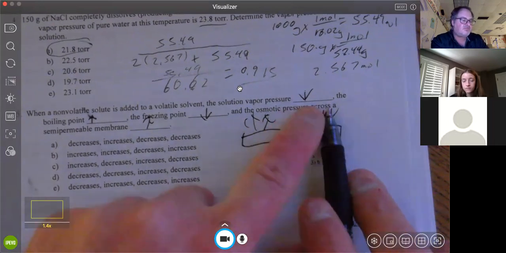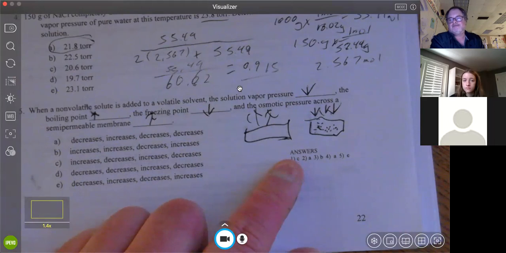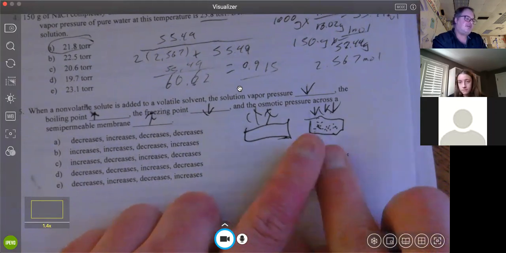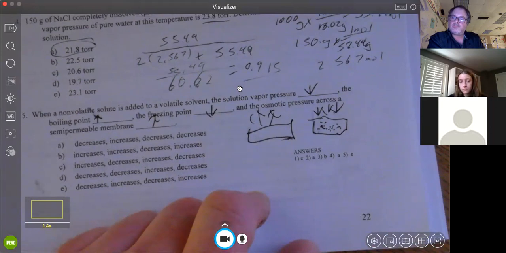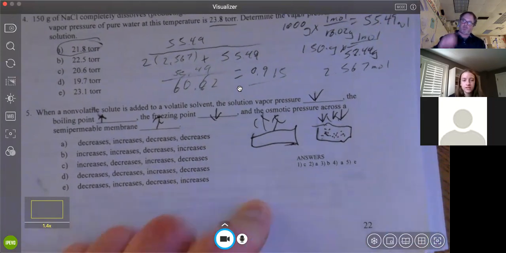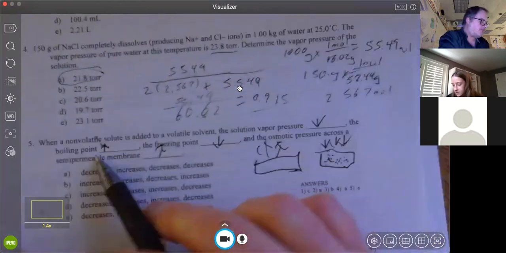So it won't take as much pressure pushing down on them to keep that in liquid state. Because the non-volatile doesn't evaporate as easily, basically because it's attracted to the particles that make up the solvent as well. So would this be an example of salt and water? It could be, yeah. Okay, that makes more sense.